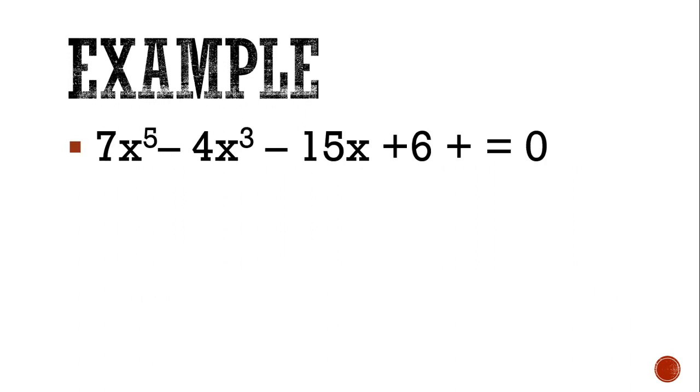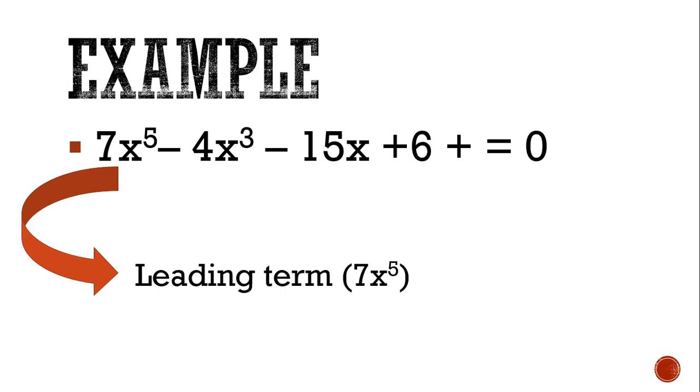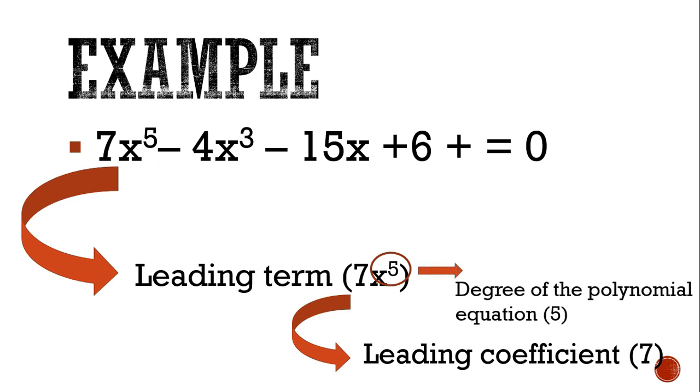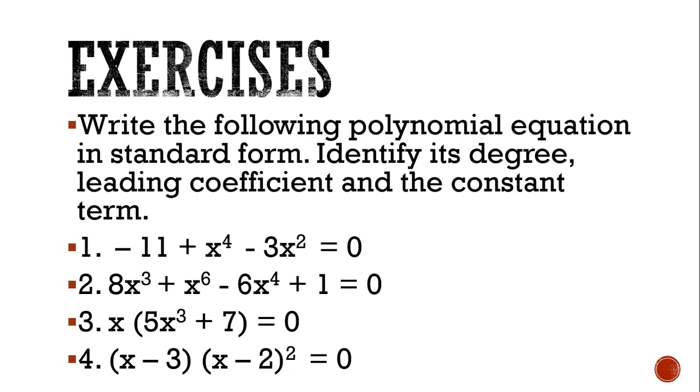The first term in the standard form, 7x raised to 5, is what we know as the leading term. And the coefficient of the leading term is what we know as the leading coefficient. And lastly, the degree of the leading term, which is 5, is what we know as the degree of the polynomial equation. Let's now try answering the following exercises.